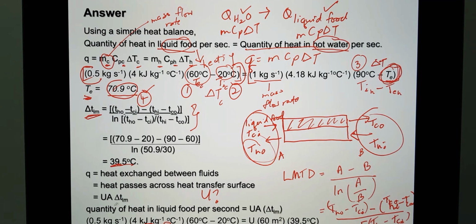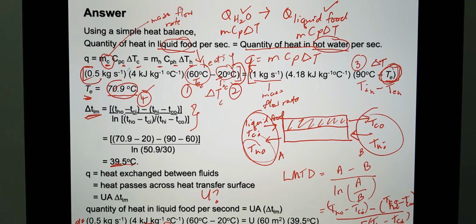In this case, for the third one, I am using the value from the liquid food. Why did I select the liquid food? Because the values have been given in the problem statement. For example, if I use the exit temperature of hot water and calculate it wrongly, then I will get the wrong value of U, or the value of Q is wrong as well.